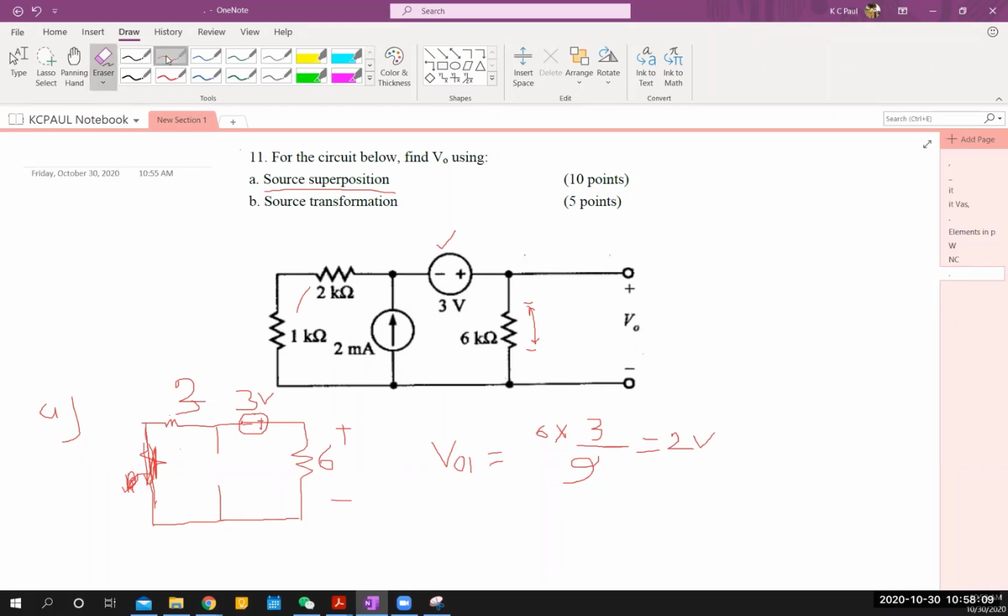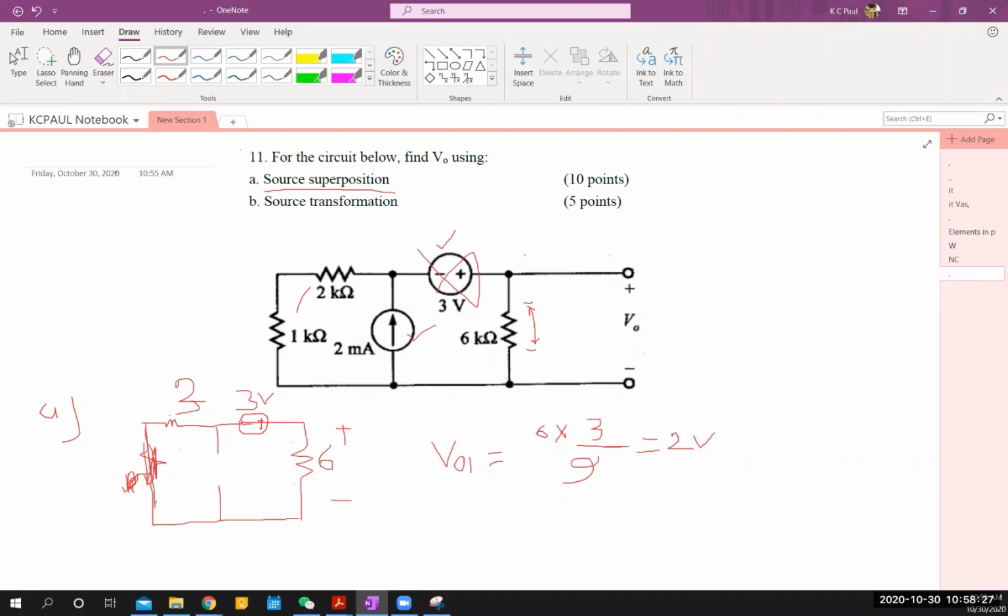Now, the notation is important here. You are thinking current is going from this positive terminal to the negative terminal. That means you are okay. And the second one is to omit this one and use only the current source.